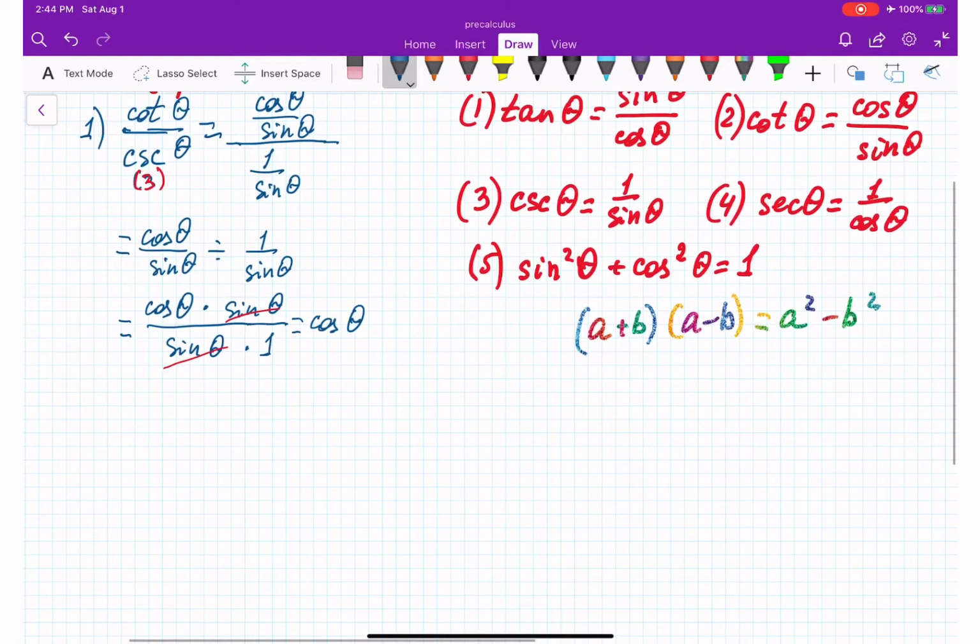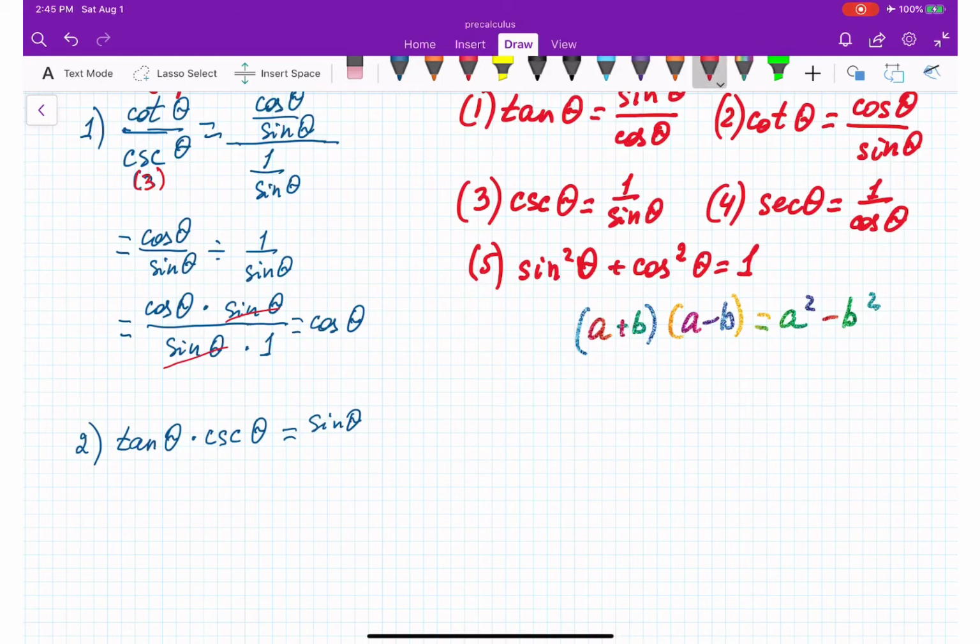Moving to the next question. Simplify tangent theta times cosecant theta. All right. Tangent, I am using the first formula, and cosecant I'm going to use the third formula. So sine theta over cosine theta times 1 over sine theta.